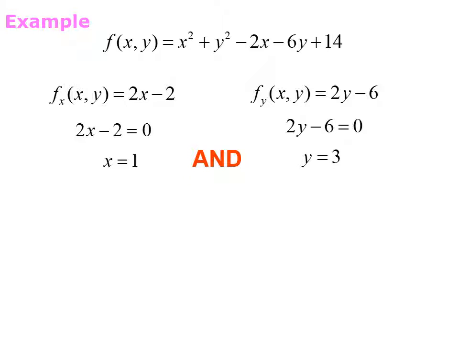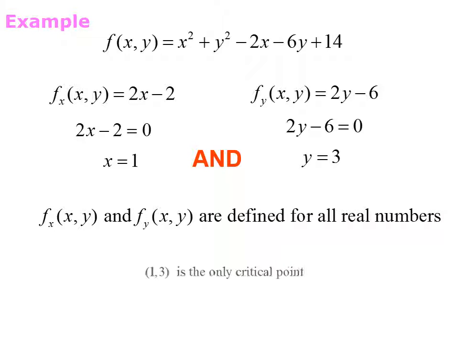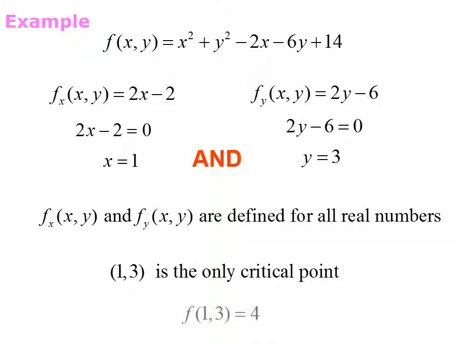Now remember, these both have to occur. So we have to have x equals 1 and at the same time y equals 3. Well, essentially that is our answer. We want the point x equals 1, y equals 3, or the point (1, 3). So that's our critical value. The function value at (1, 3) is 4.